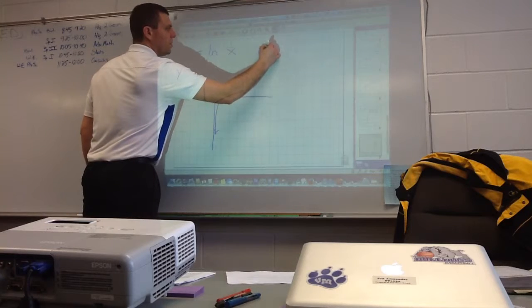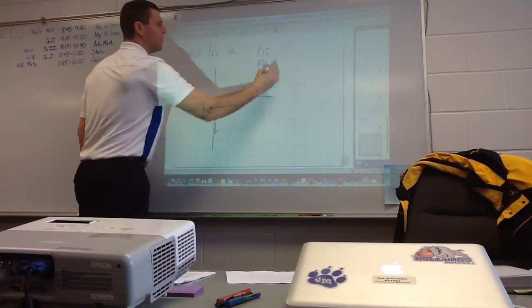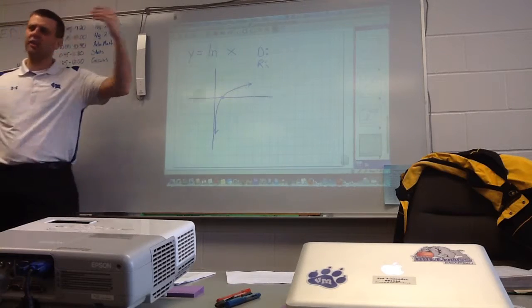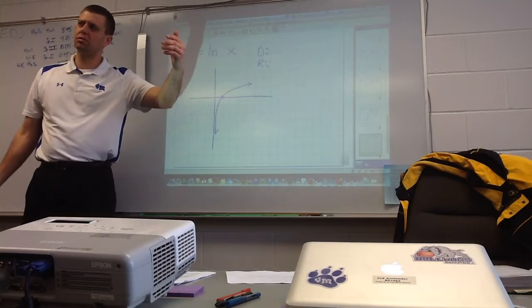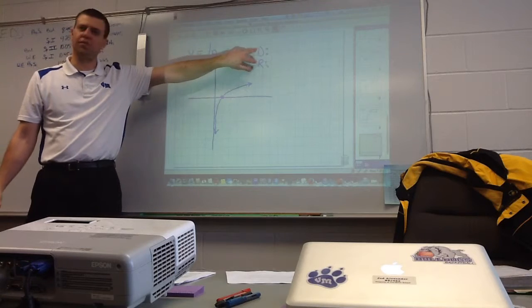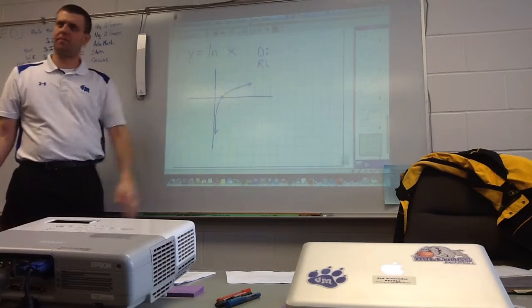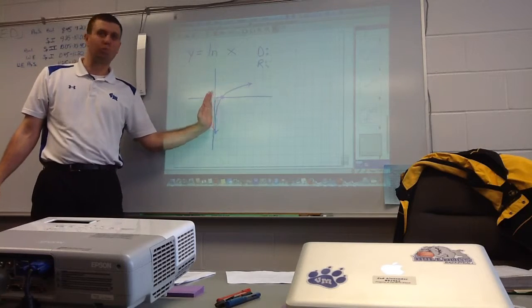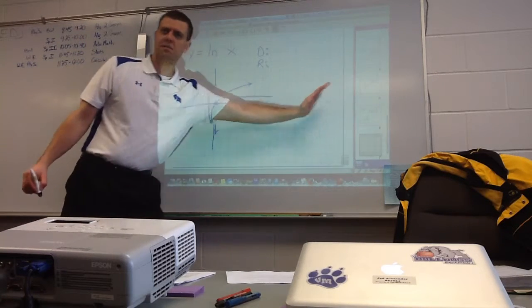Also, because it's an inverse function of that previous one, the domain and the range of that exponential function flip to give you the domain and the range of this one. My domain will be not at 0, but just above 0 to infinity.